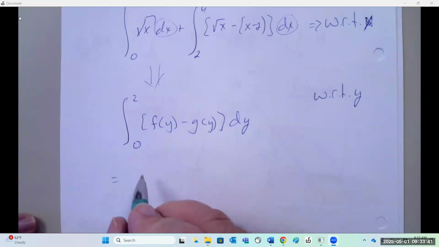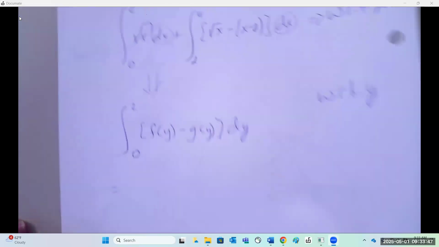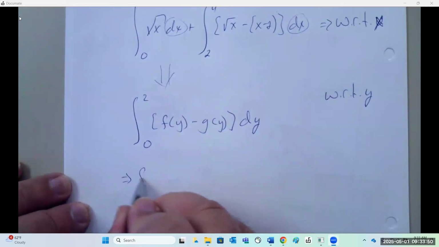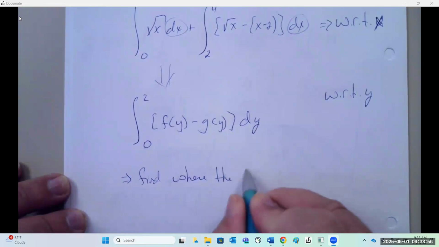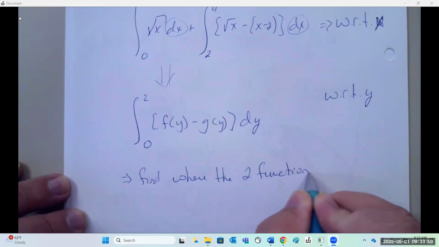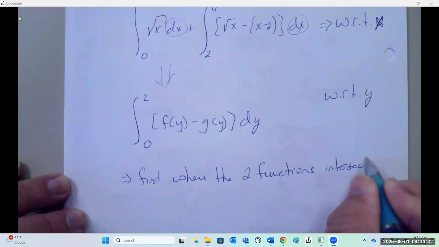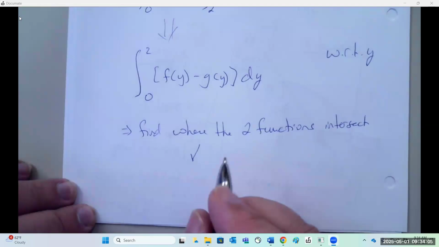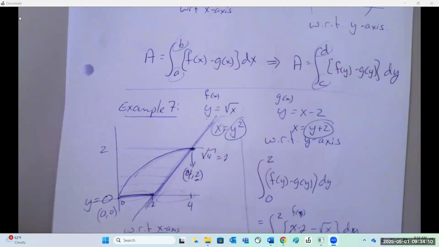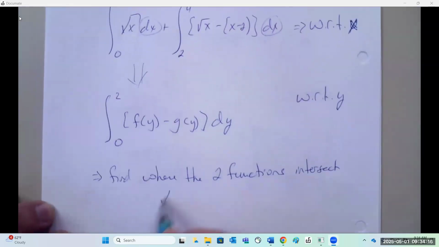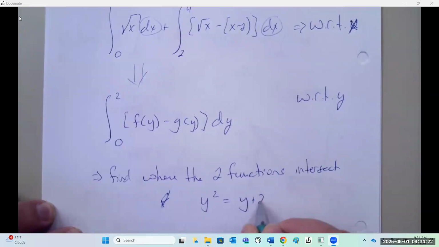For this one, we find where the two functions intersect. We got y squared is equal to y plus 2.